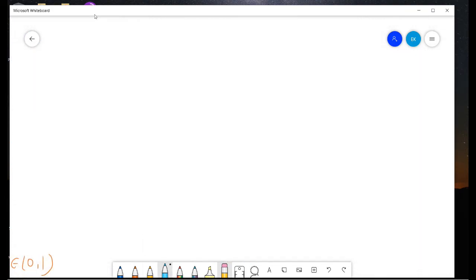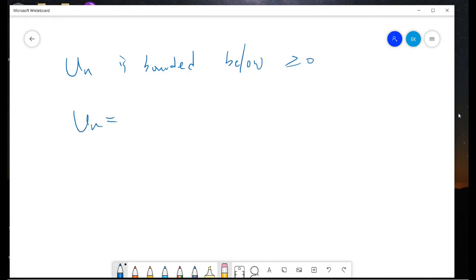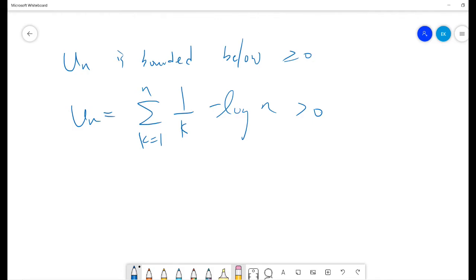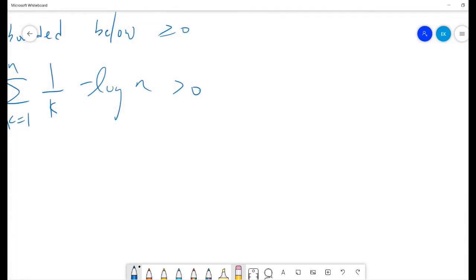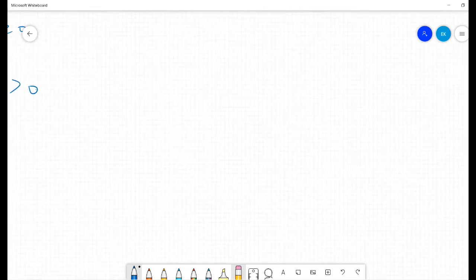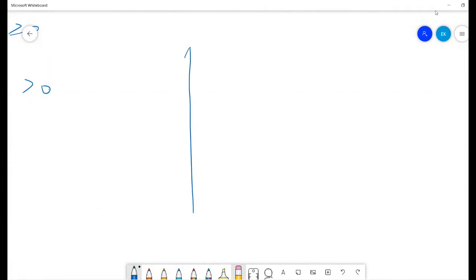Second, finally we want to show u_n is larger than 0, that is, u_n is bounded below. The easy way to do this is to use a geometrical way.